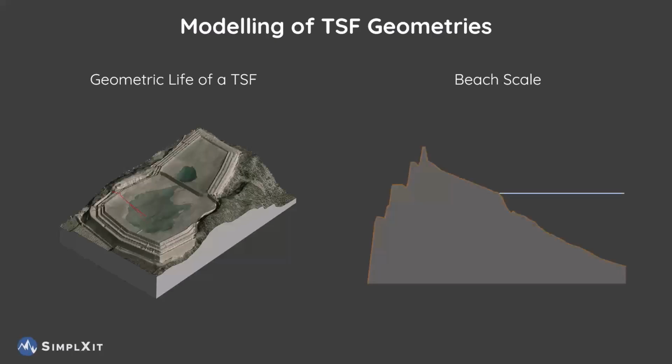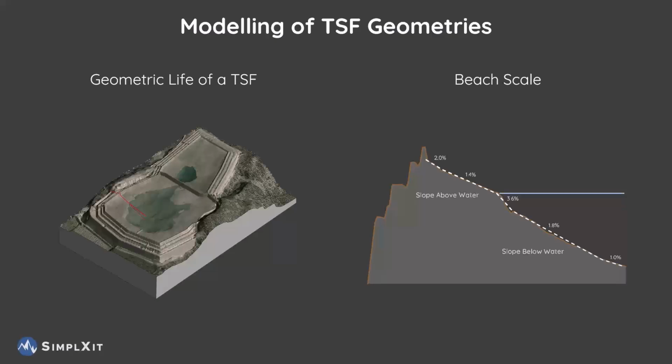And so instead of looking at the rheological level, we look at the beach scale. Once you have actual tailings, you have your slope above water and slope below water that contain all the information about the hydraulics and the rheology of your material.